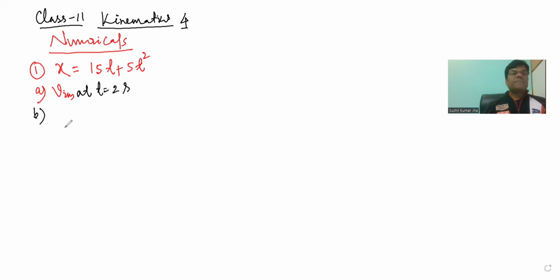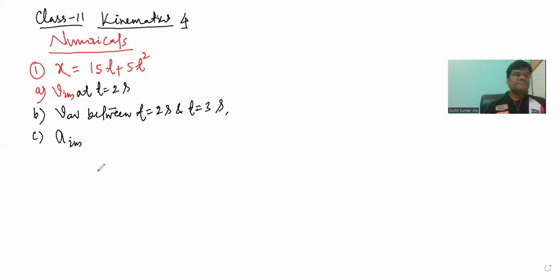Second part, average velocity between t equal to 2 seconds and t equal to 3 seconds. And finally, instantaneous acceleration, right? This we are told to calculate.